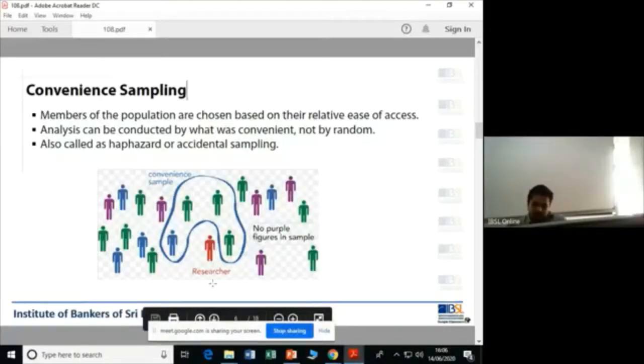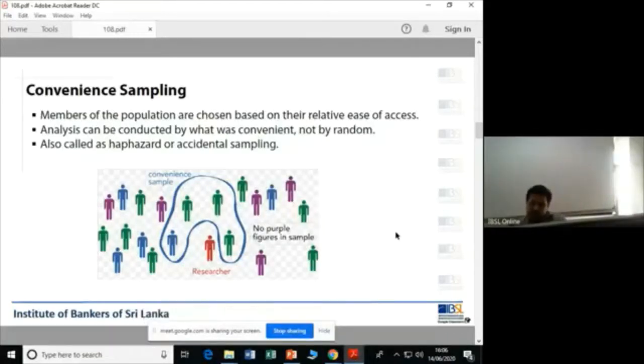The red color man here is the researcher. And if you could see the set of people that he has selected for his sample, which is mentioned on this blue line where I'm taking my cursor here, it's based on his immediate access. Isn't that so?